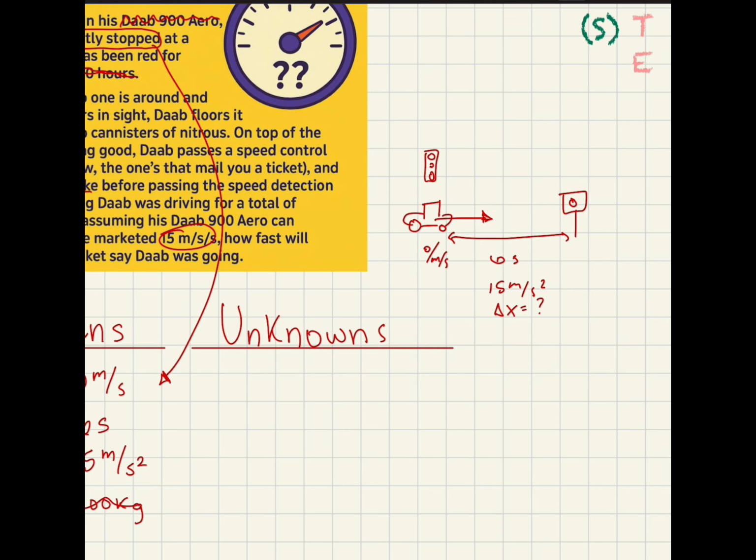So it's asking, what does this thing say, right? Which, if we start at 0, we accelerate for some time, and then we're going some speed here, right? For the sake of our problem, I think it's safe to assume that the thing we're looking for is the final velocity. That would answer the question, how fast will it say I was going, right?